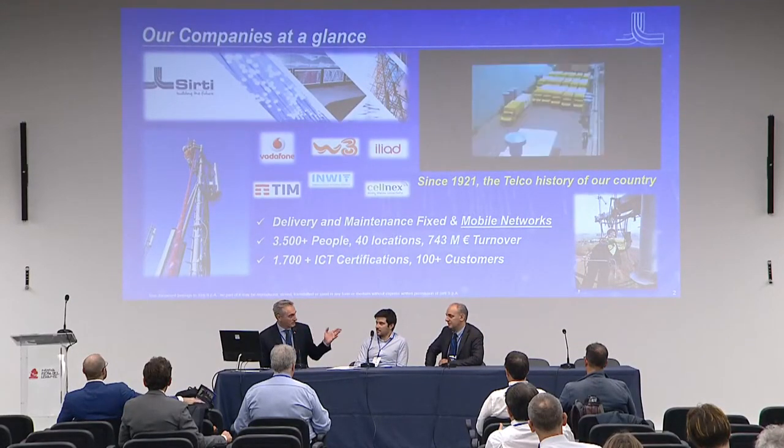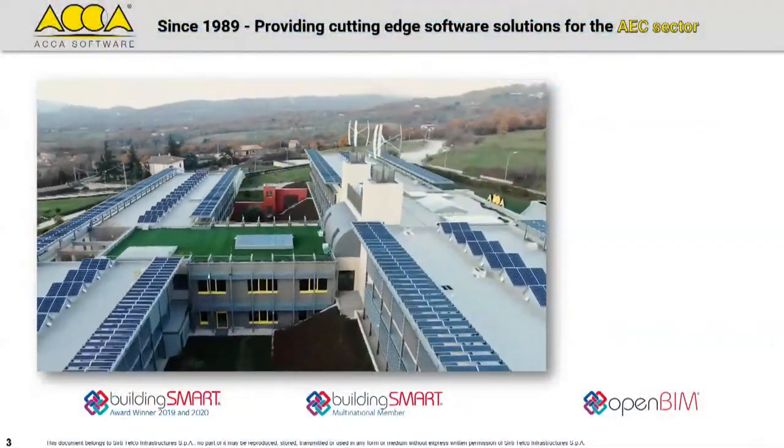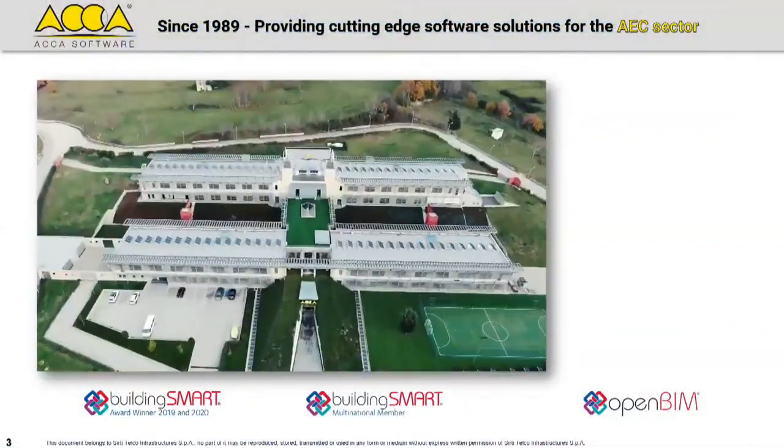Now some words about H from Danilo. Okay. Good afternoon, everybody. My name is Danilo Dello Buono. I am an architect and I work for H Software. What you see are some images of our headquarters, a zero-energy building located in the European mountains.